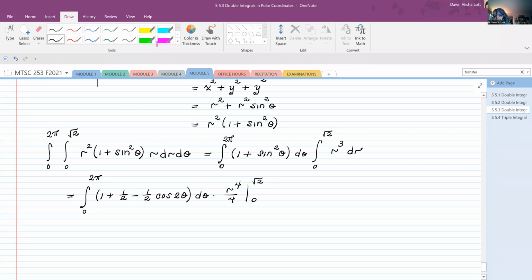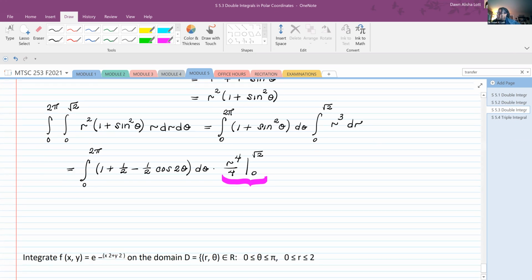So this piece right here is 1. Square root 2, square root 2 is 2, square root 2, square root 2, 2 times 2 is 4, divided by 4, 1. So this piece is just 1.